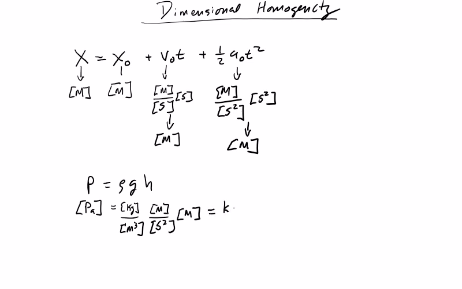So this gives us kilograms per meter squared over second squared per meter cubed, right?